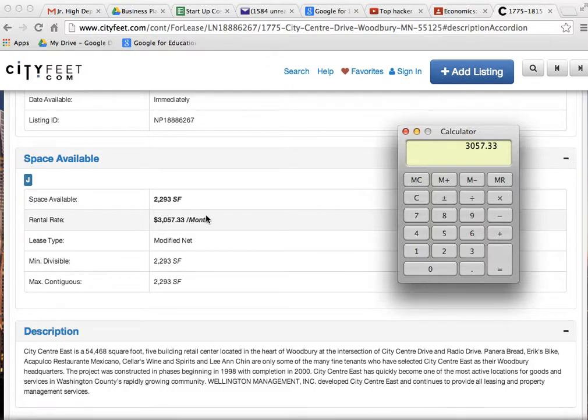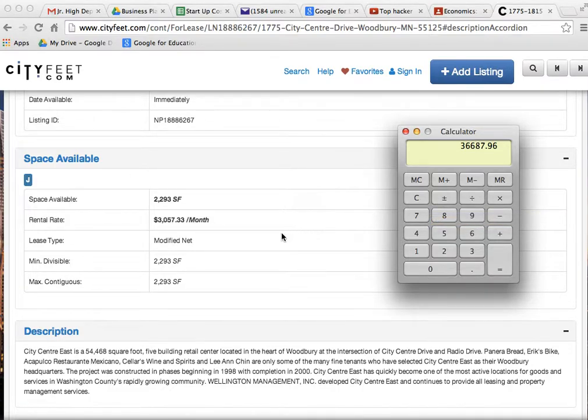So we're going to take this monthly rate times 12, and then this is the amount it's going to cost us just for the lease. So for lease, total amount for the lease, it'd be $36,687.96. Lease per month, it's provided right there.